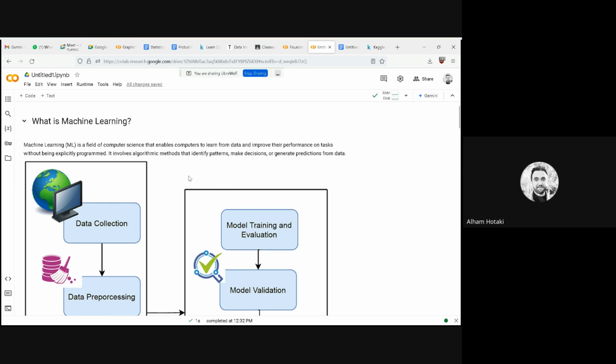Machine learning is a field of computer science which enables computers to learn from data and improve performance on specific tasks that you give them, without being explicitly programmed. It means that before machine learning, for each and every step the computer should do, you had to write code.